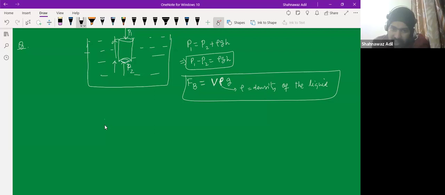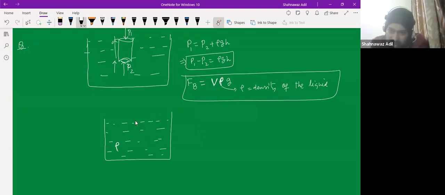We have a question which says that we have a liquid of density, let's say rho, and you are immersing a cork, right? So we have this glass bottle, and on top of this glass bottle, we have this cork.